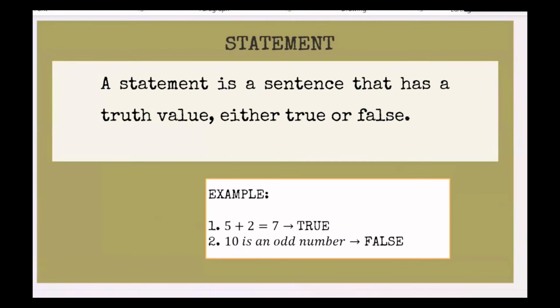A statement is a sentence that has a truth value, either true or false. For example, 5 plus 2 equals 7. That's true. Number 2, 10 is an odd number. That's false.